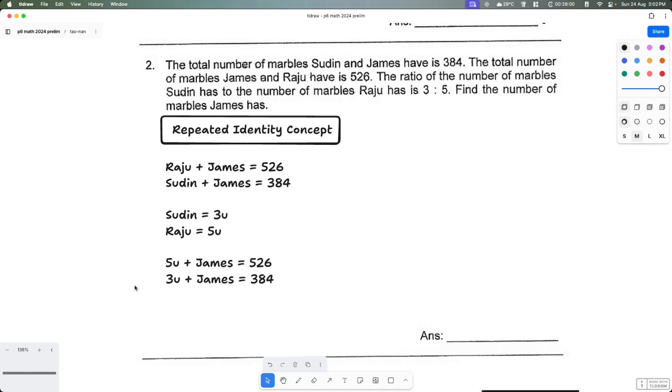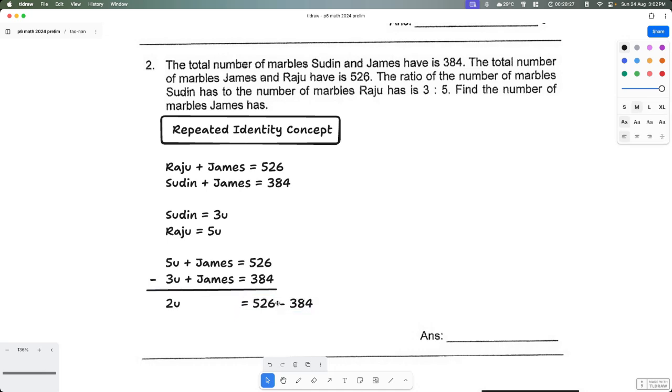Then we have a minus sign like this, and this will then equal 2 units, which is equal to 526 minus 384.